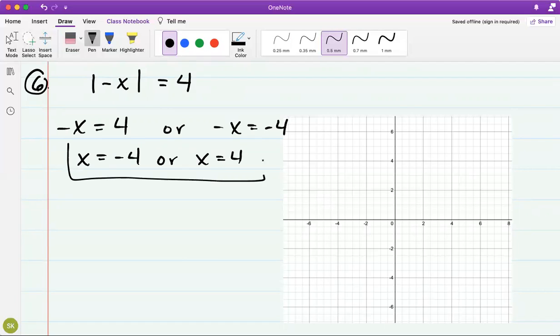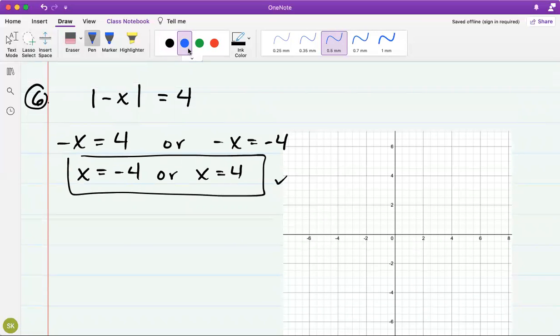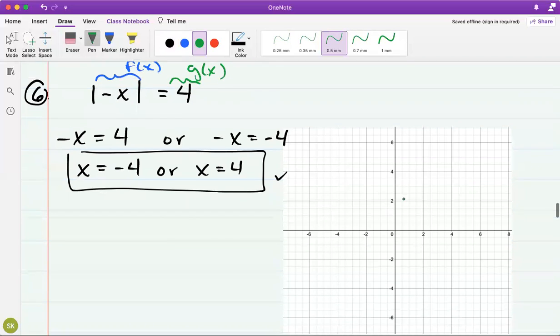And then just plug it in to double check. Plug this -4 and you get +4. Absolute value is 4. Plug 4 in here, you get -4. Absolute value is 4. So they both work. I want to graph this. This is f of x. This one's g of x. I'm going to graph g of x first.